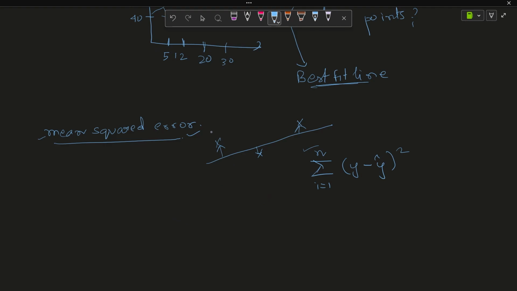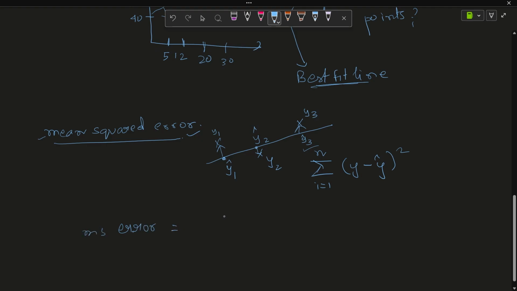For example, this is the point y1, and the prediction is called y hat 1. And this point is y hat 2. All right, the prediction is called y hat 2, and the actual point is y2, and this is y3, and the prediction is called y hat 3. So what is the error here? Mean squared error, MSE.